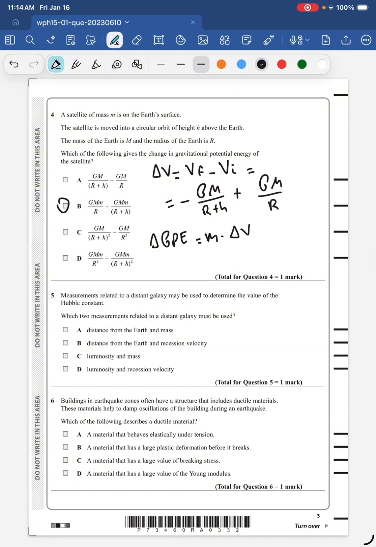And immediately from these answers, you see that option A is actually wrong because that's a change in gravitational potential, not gravitational potential energy. Option C is wrong because that gives you the gravitational field strength, so obviously wrong. And then option D gives you the gravitational force.